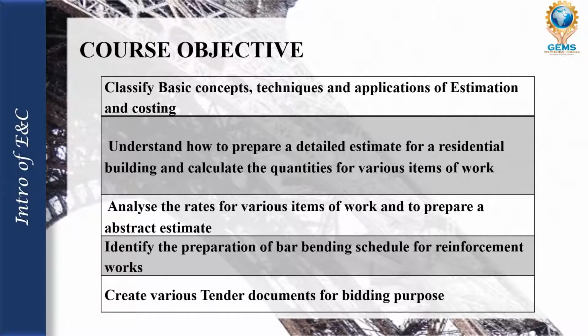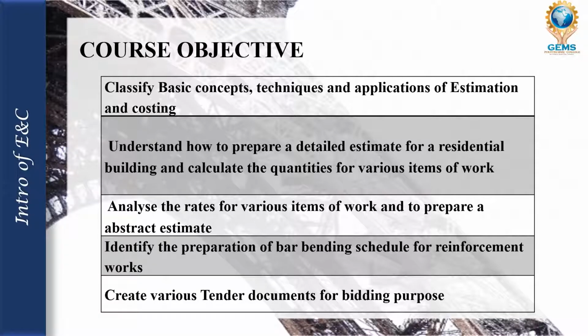Third, analyze the rates for various items of work and prepare an abstract estimate. Analyzing the rate means, while doing a project we have various works, so we are using many materials and we need to give payment for labor.